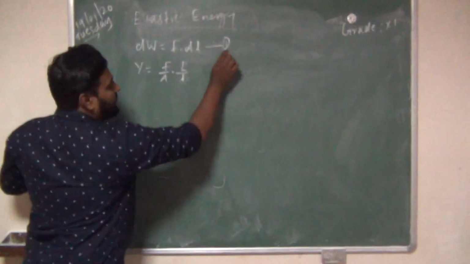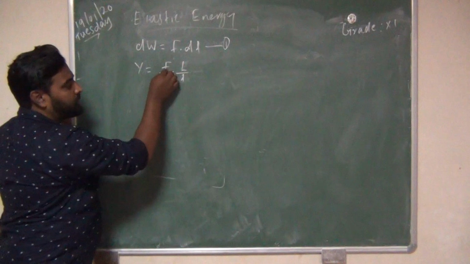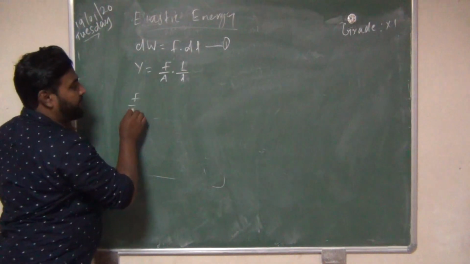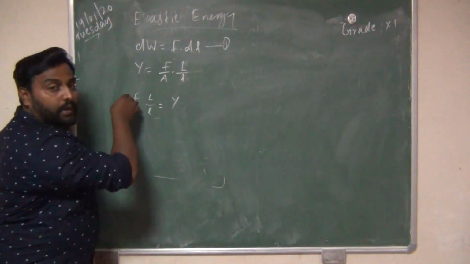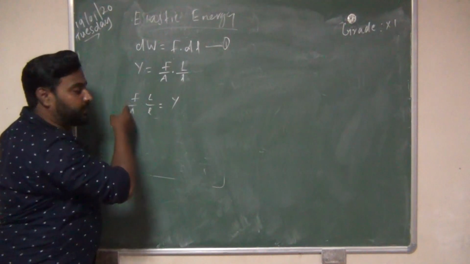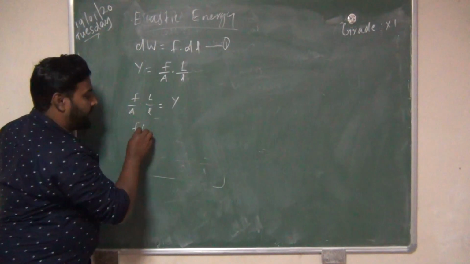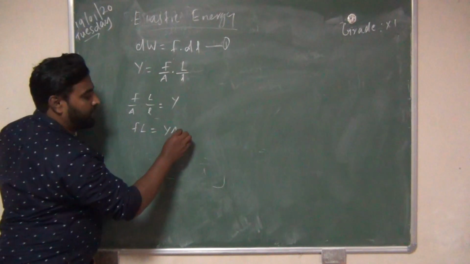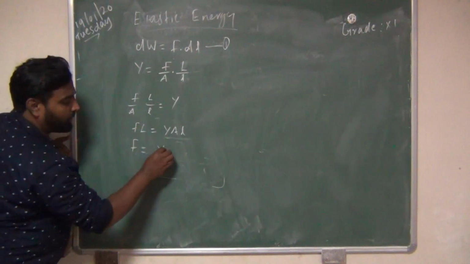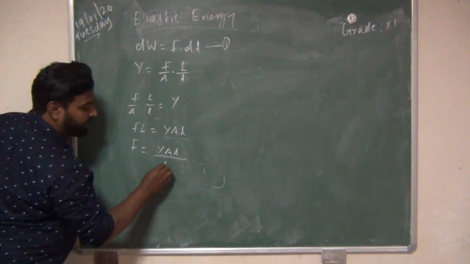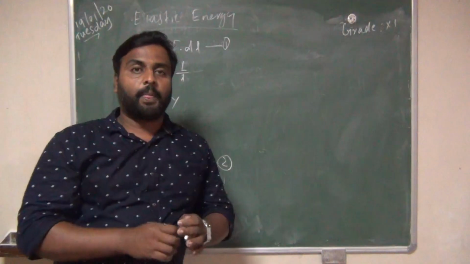From this Young's modulus formula, we have to find out F. So take F by A into L by l is equal to Y. Keep this F this side and take this A and l another side. So F L is equal to Y A l. Now F equal to Y A l divided by capital L. This you can keep as equation number 2.